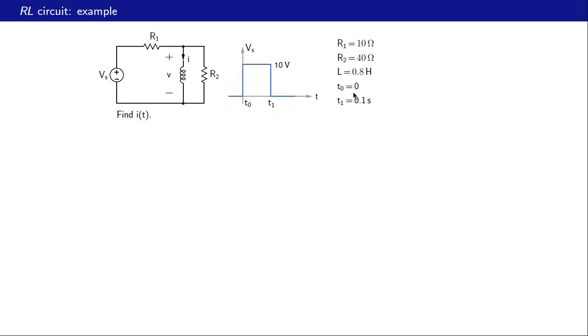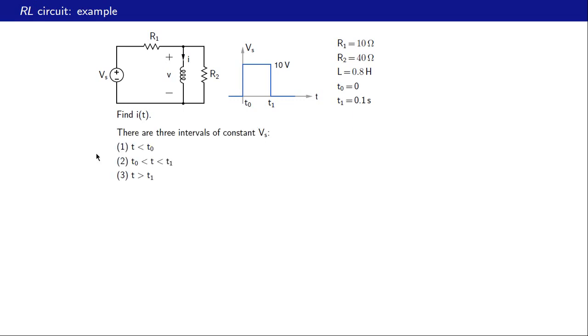T0 is 0 and T1 is 0.1 second. Up to T0, the source voltage Vs is 0 volts. Between T0 and T1, it is 10 volts, and after T1, it is again 0 volts. And we are interested in finding the current through the inductor as a function of time.